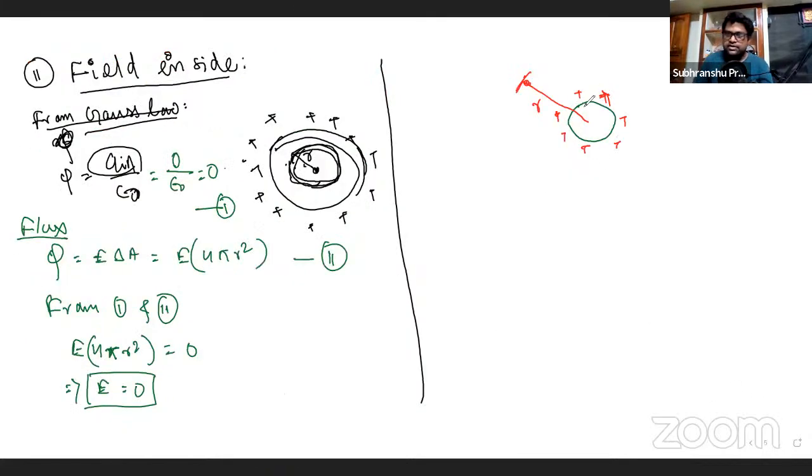Now, if this is a charged spherical cell like a football, and the charges are over the surface of the football, then if you go inside the football, at any point, the field will be 0. This is the proof. So inside the charged sphere, the field will be 0.